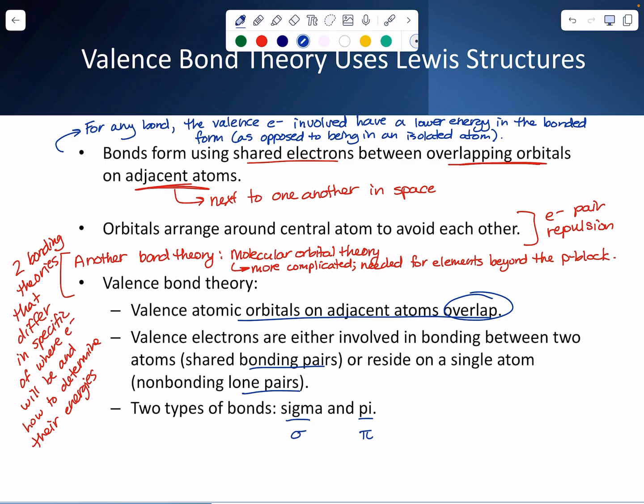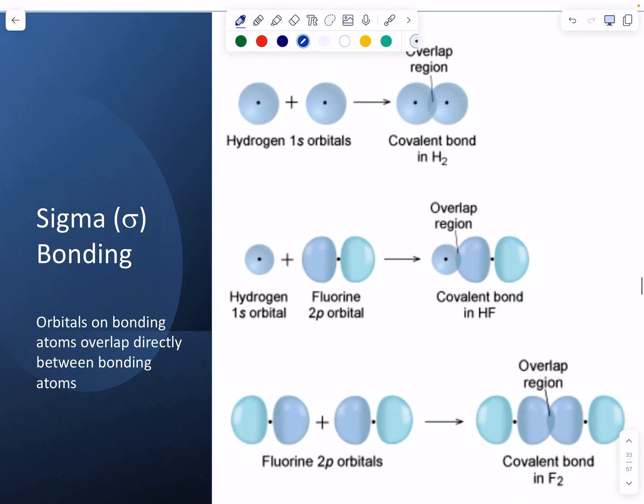All right, so let's talk about what sigma bonding is. The most important thing to remember about a sigma bond is that if you draw a line between the two nuclei of the bonded atoms, the area of electron density that represents the bond is going to be directly on that line between the two atoms.